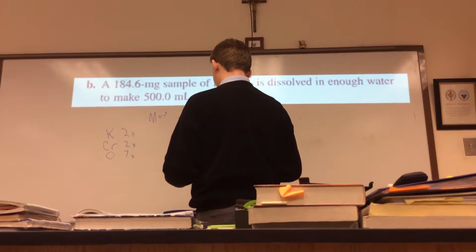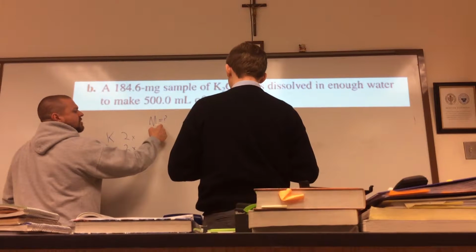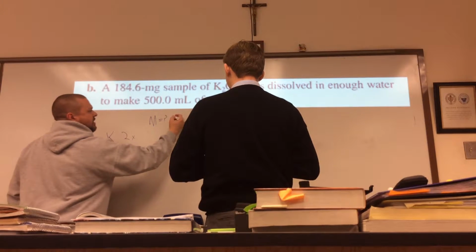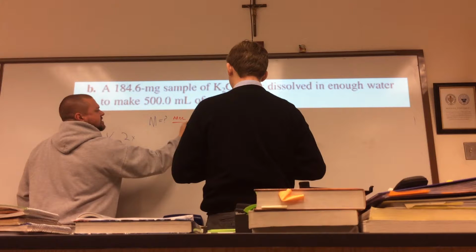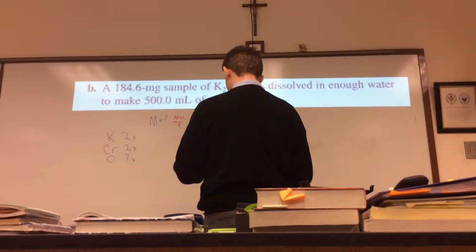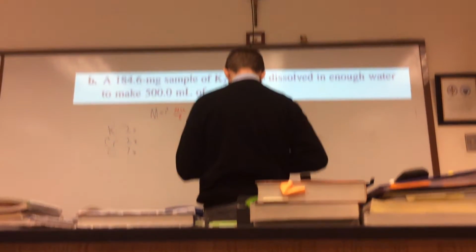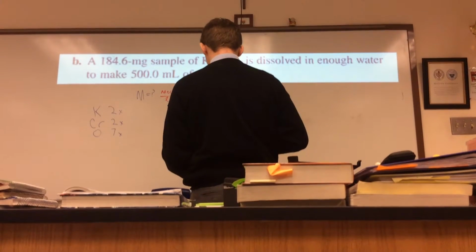So let me just make a point here, because when you write down M equals, and I knew Jarrell was kind of a little bit lost there, it means moles of solution per liter, right? So now Carson's looking at this and saying, well, I know I need to get moles, all right? And I can see I have a mass, so I know I'm going to need molar mass. I'm going to calculate molar mass. Make sense?